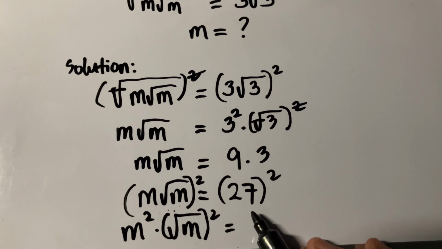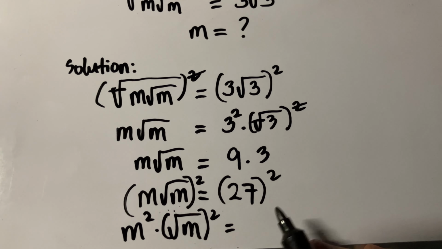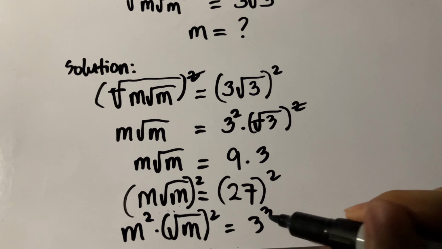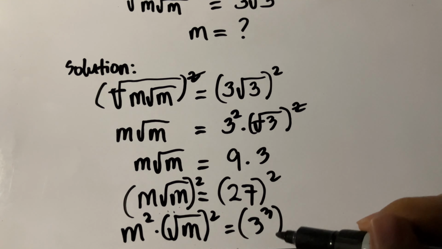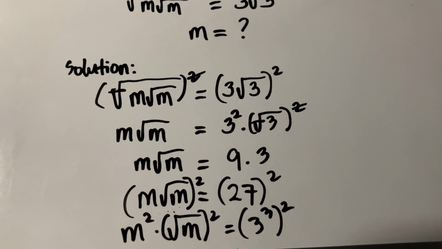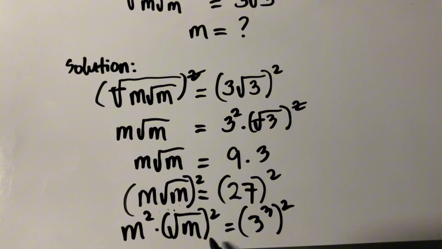For 27, we can write this into a power form, and that is 3 cubed, then whole to the power of 2. Now for this, we can cancel the square and this radical.